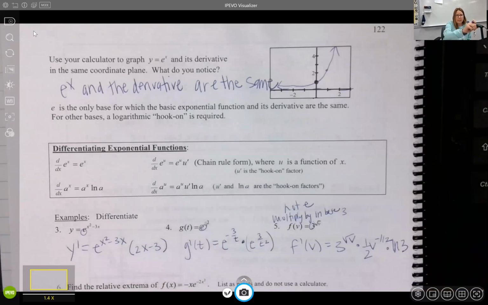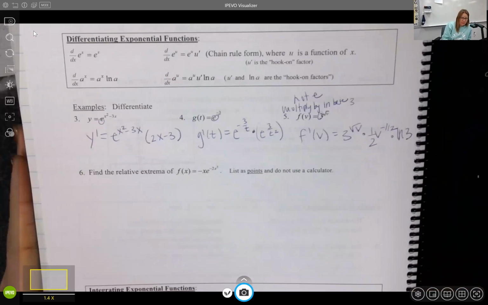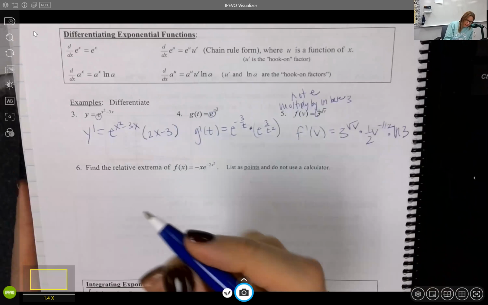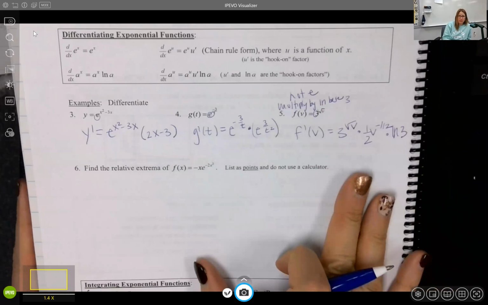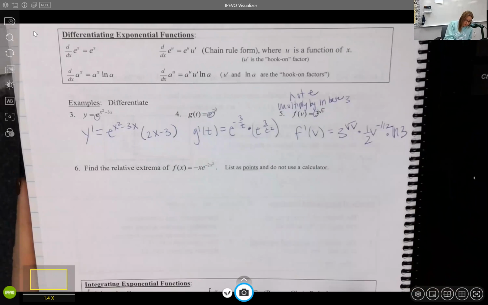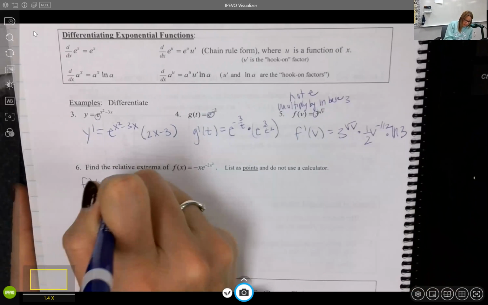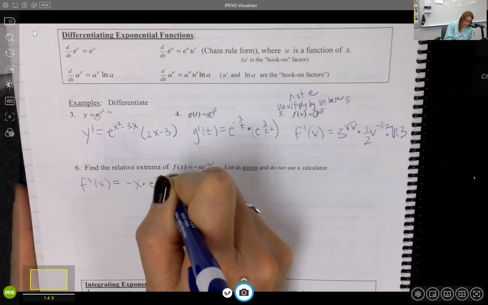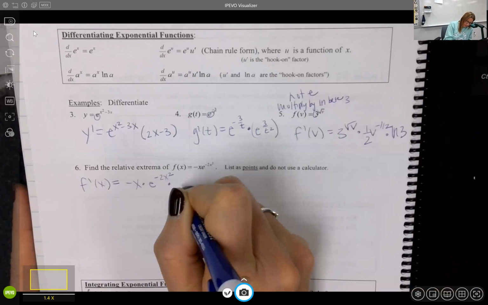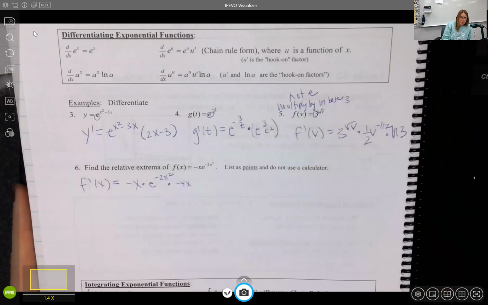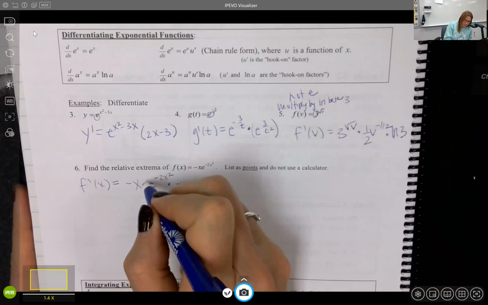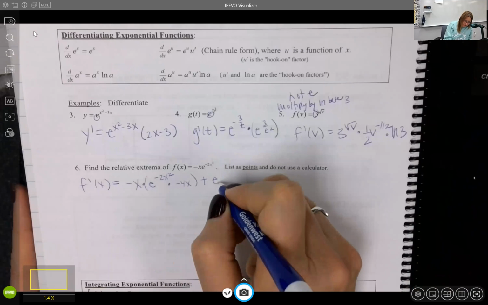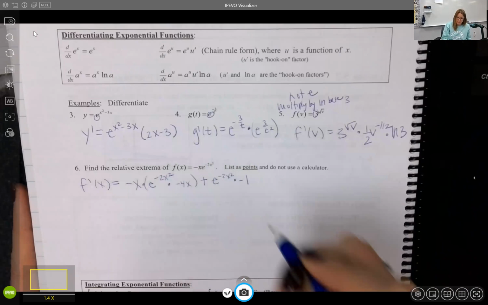Okay, number 6. Find the relative extrema of f of x equals negative x e to the negative 2x squared. So to find relative extrema, I have to take the derivative and set it equal to 0. So f prime of x is the first times the derivative of the second, this is e, so this is my derivative of the second, plus the second times the derivative of the first.